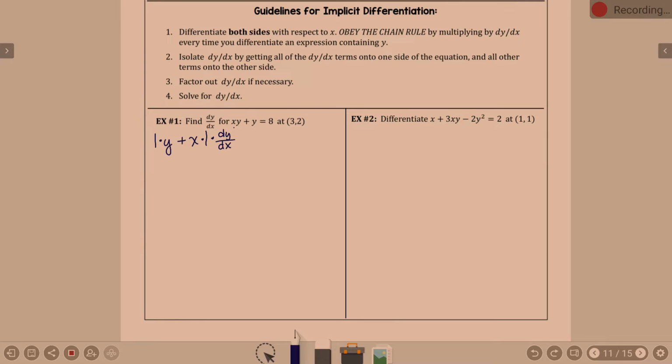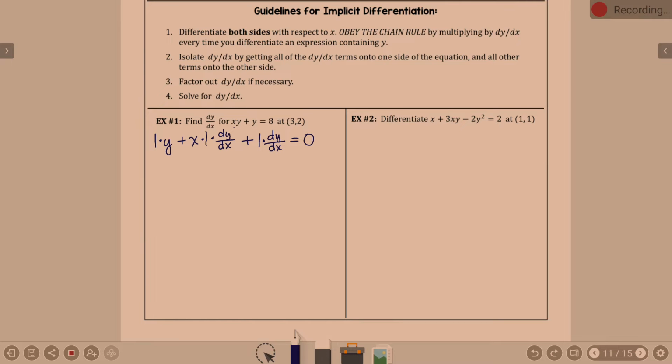So that's the derivative of xy, plus the derivative of y, which is 1 times dy/dx. Do we have to write the 1? No, I'm just doing it for this example. Equals, what's the derivative of 8? 0.